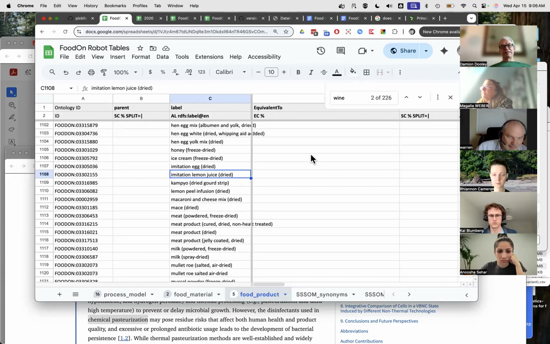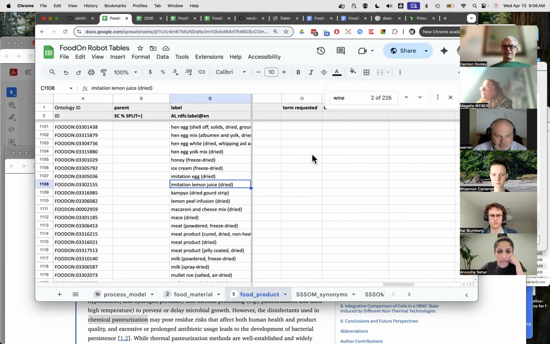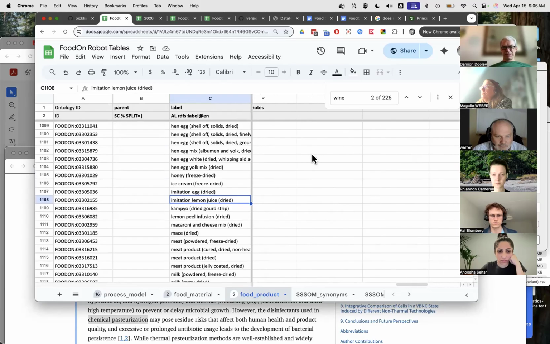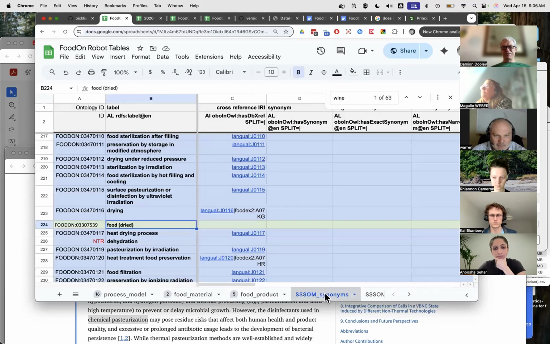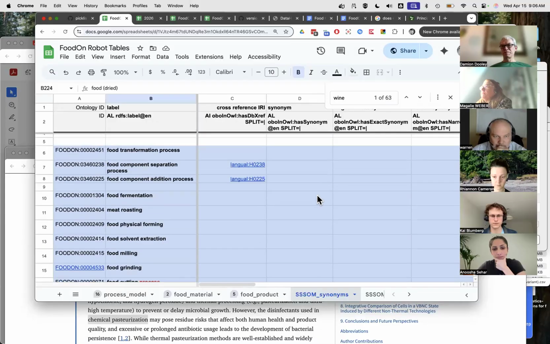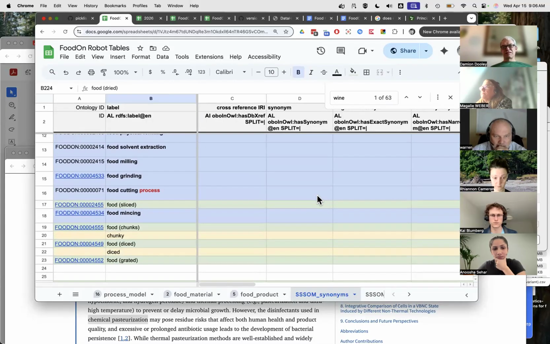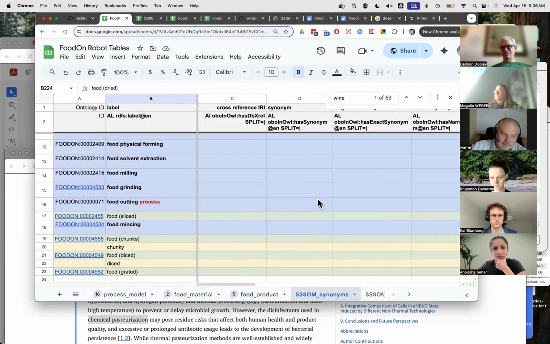But the idea here, though, is that in addition to harmonizing these tables, I also took a big move to do what we've been talking about doing for a year, which is to move the synonymy and the cross-referencing out to another table. And that means that if we build FoodOn, we can build one version that just has the material, processes, products, but none of these cross references. The cross references we can actually manage separately.